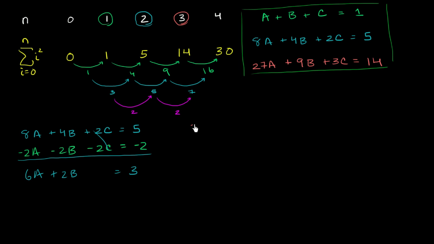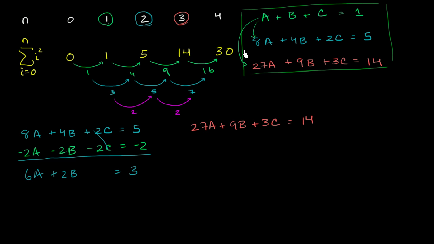So I have 27A plus 9B plus 3C is equal to 14. And here, I can multiply by -3 if I want to get the C's to cancel out again. My whole goal is to have two equations and two unknowns that have leveraged these two constraints in tandem and these two constraints in tandem.